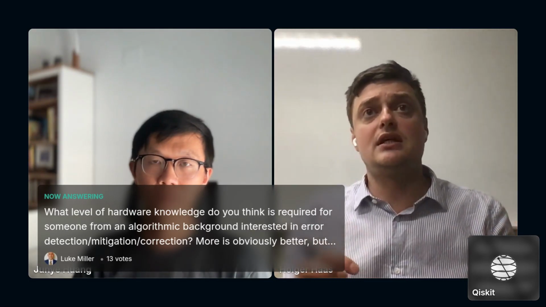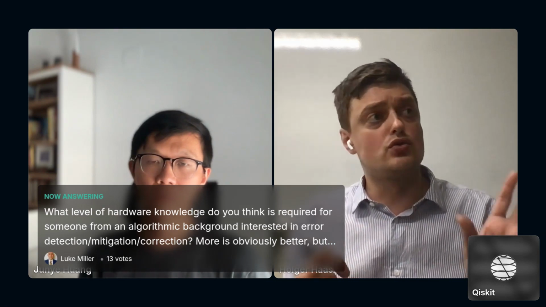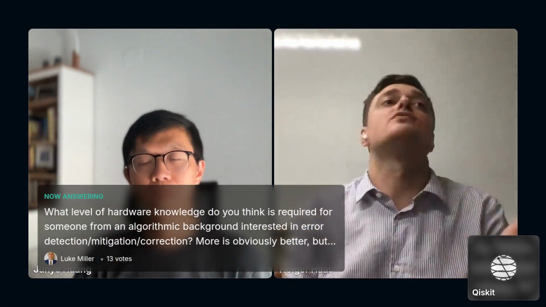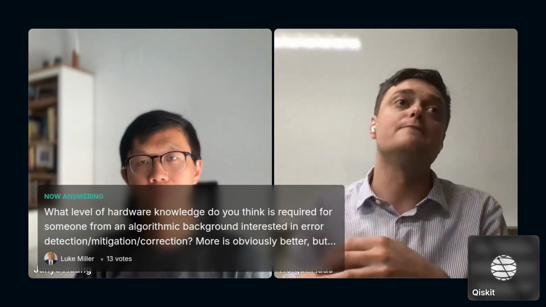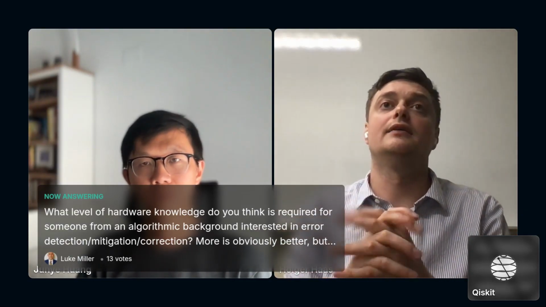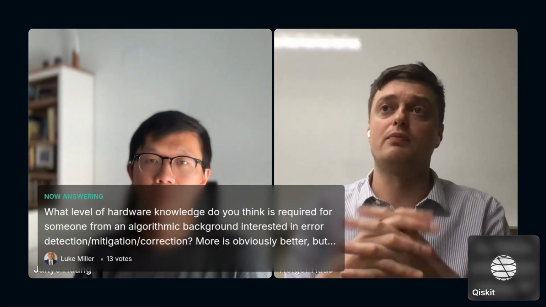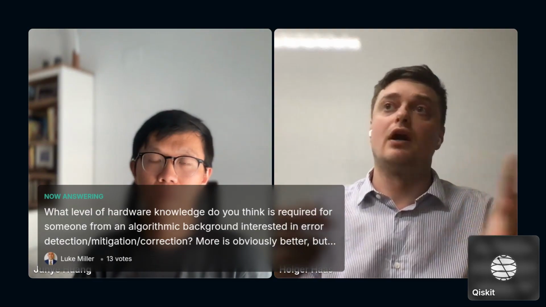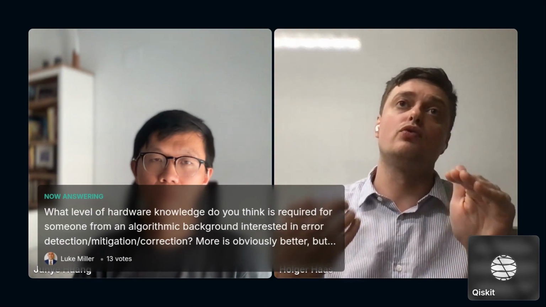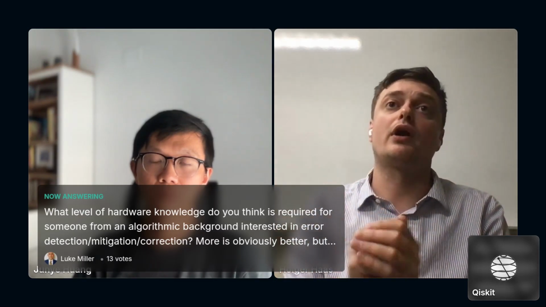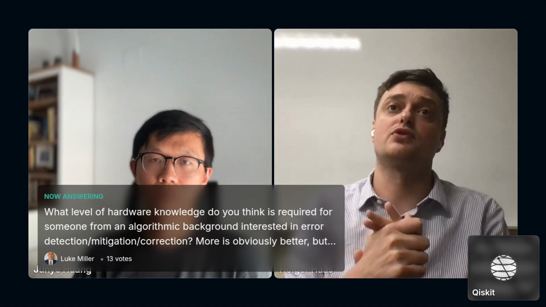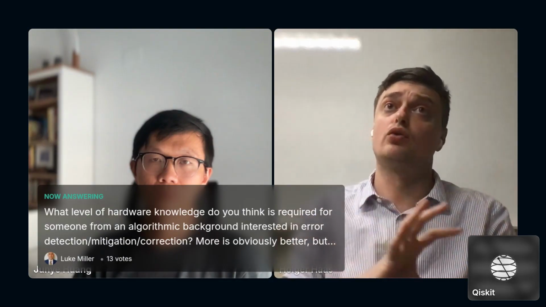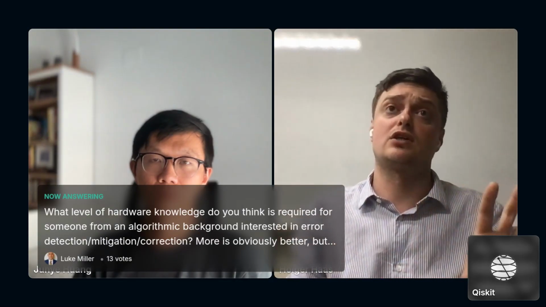I don't think you need a super deep understanding of, in the case of superconducting qubits, chip-level performance or chip-level architecture, but you need to know the outcome of the design in terms of noise, and what the particular residual couplings between the qubits are.